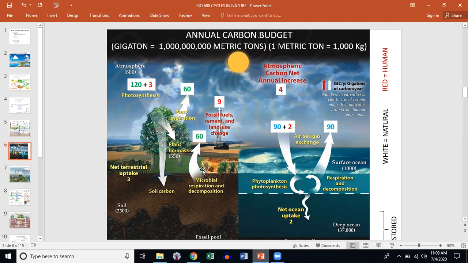On land. On the oceans, pretty much the same. Even though there's 90 gigatons of CO2 being produced, there is 90 gigatons being absorbed mostly by the phytoplankton, which is also photosynthesis. Now, plankton is microscopic organisms in the upper layers, upper foot, more or less, of the ocean, okay?